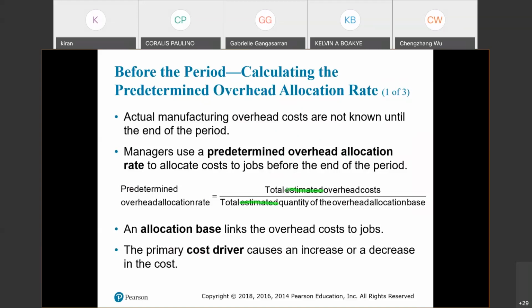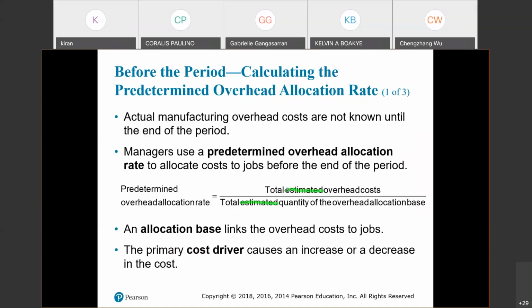For example, the cost of electricity to operate machinery increases with increased machine use. Therefore, the cost driver for electricity is the amount of machine usage, and the allocation base would be machine hours.